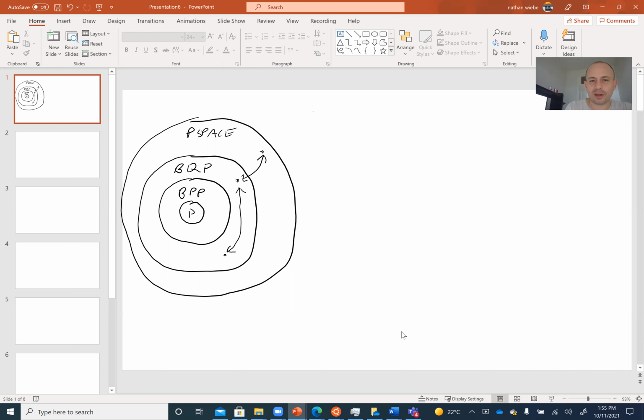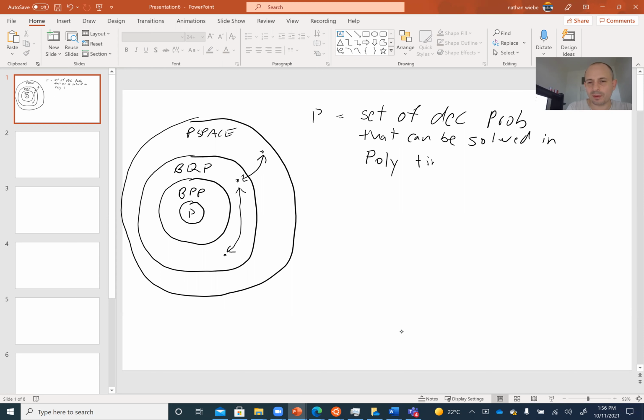And again, the class P, this is the set of decision problems that can be solved in polytime on a Turing machine.